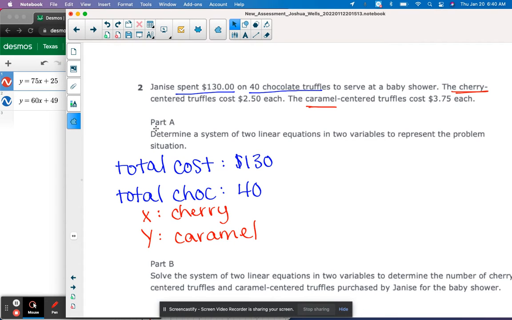So what we have to do is just create an equation, adding them together. So X plus Y equals 40, because that is the total number of truffles we ordered.